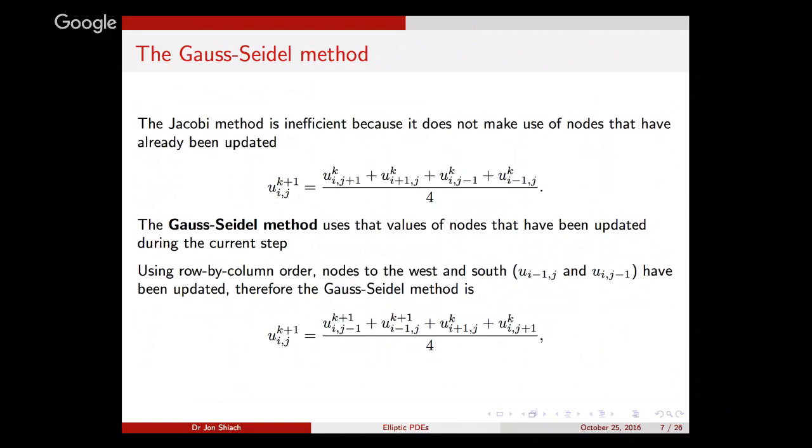Well, that's inefficient. Why not use the most up-to-date information? That's essentially what the Gauss-Seidel method does. If we use row by column order, which means we go across the bottom row, then move up a row and go across again, the nodes to the west, i.e. the left, and the south, i.e. the bottom, are already known, already updated. So why not use them?